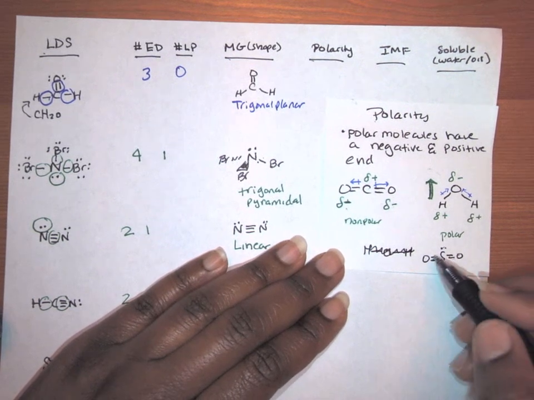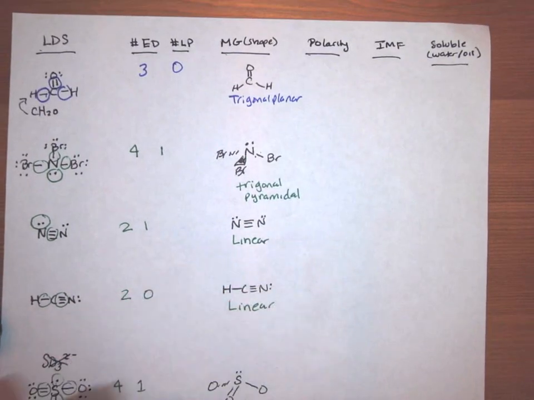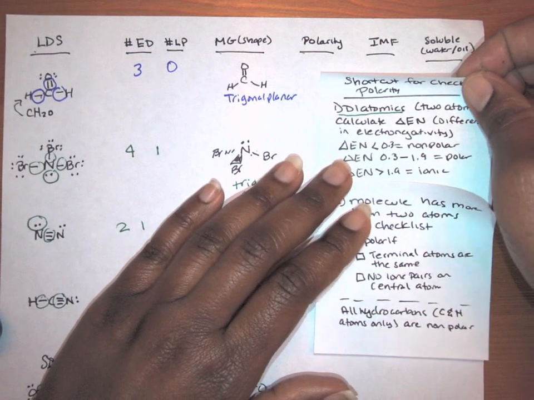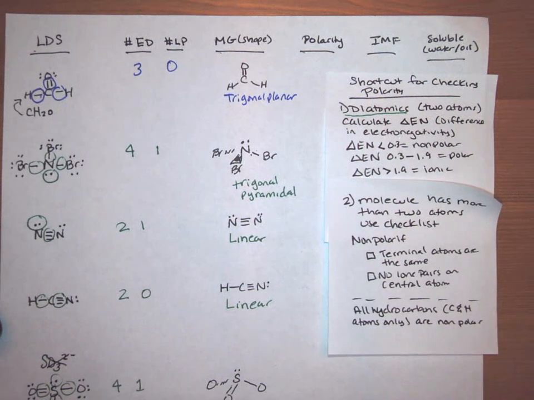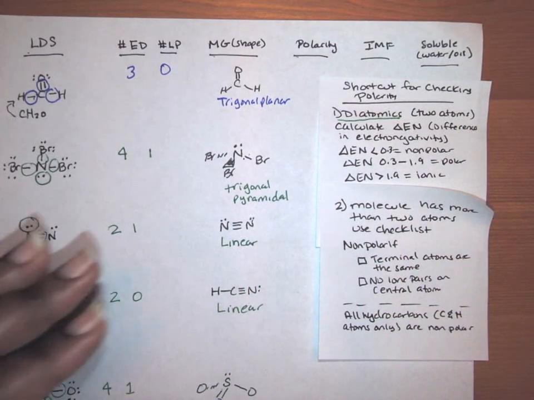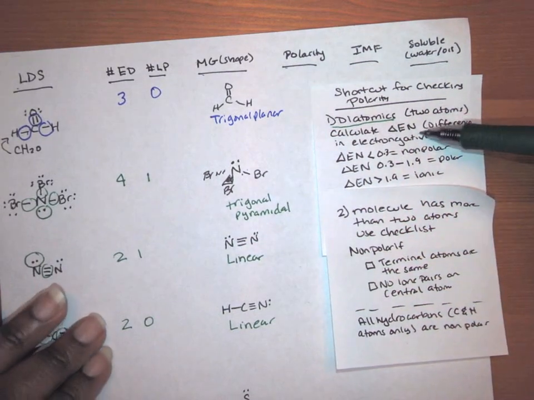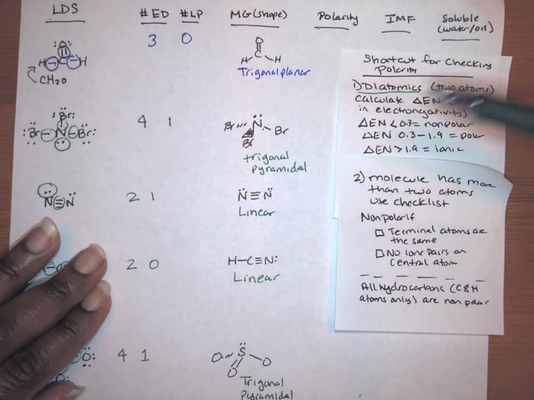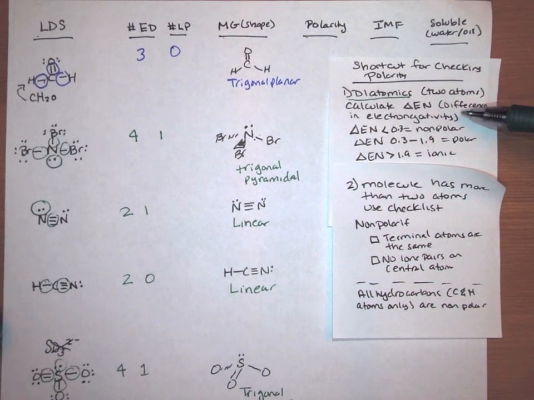All right, so instead of drawing the bond dipoles and things of that nature, we talked about a couple of shortcuts, right? The shortcut is if you have diatomics, like this example here where there are just two atoms in total, you would calculate the difference in electronegativity between the atoms by subtracting their electronegativities.